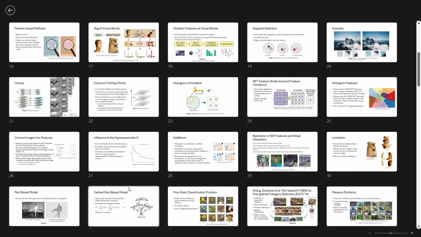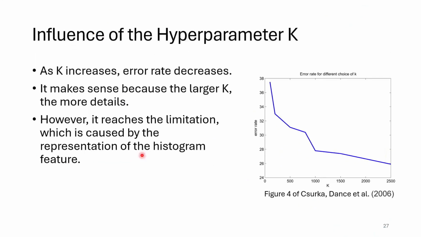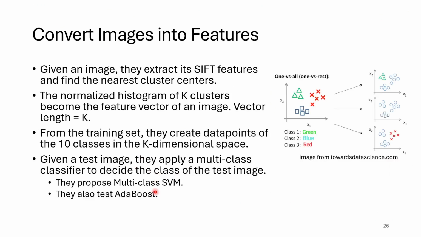As we mentioned, this is the multi-class support vector machine's limit, and they also tried AdaBoost.